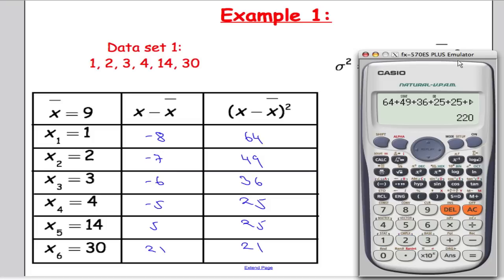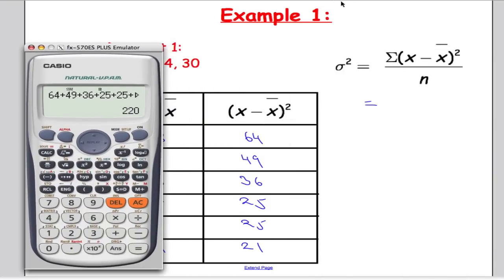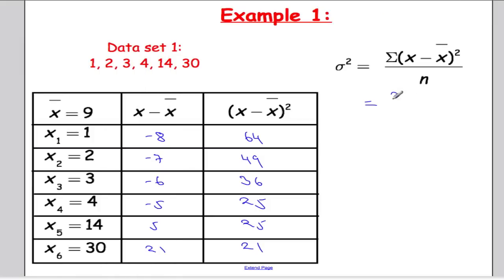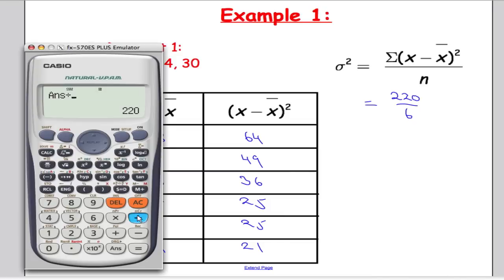And adding them together we get 220. So let's just write that down, 220. So the sum of the squares is 220, and the number of data points is 6. So dividing that by 6, we get a variance of 36.6, let's say 36.7 to 3 significant figures.